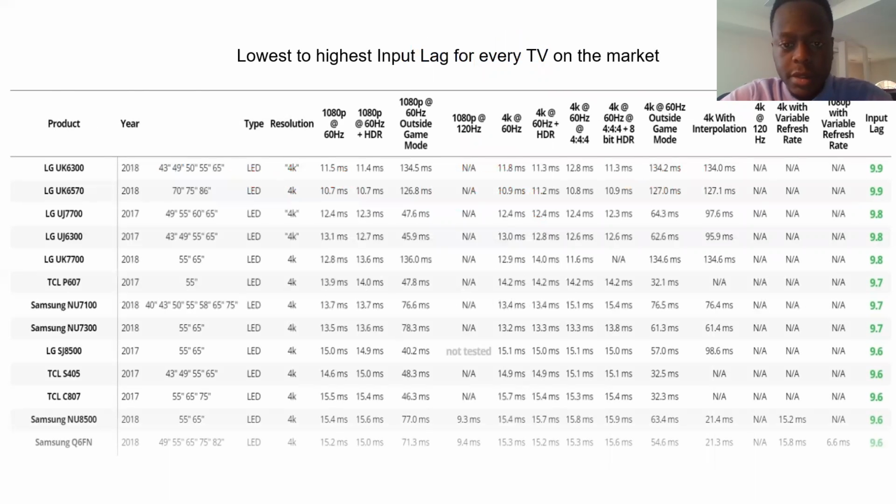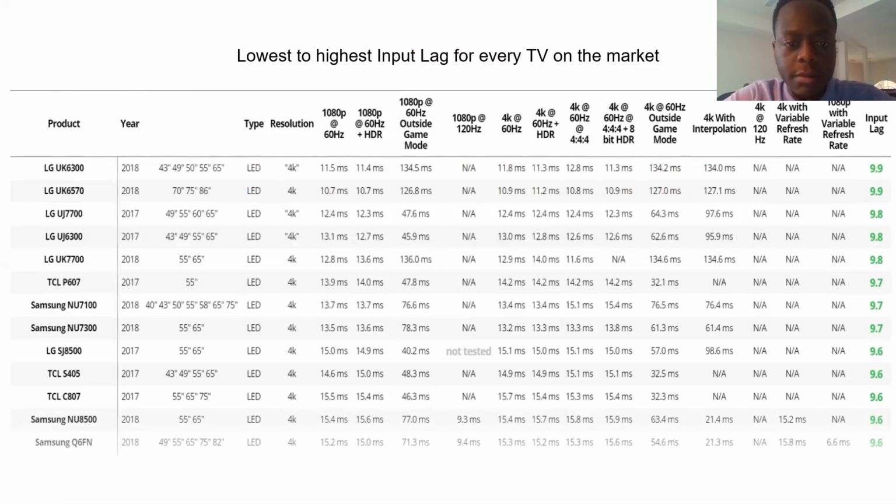Through the research in my paper, I found a very useful chart that shows the lowest input lags of televisions on the market down to the highest of the televisions that are currently on the market. And this is up to date for 2018.